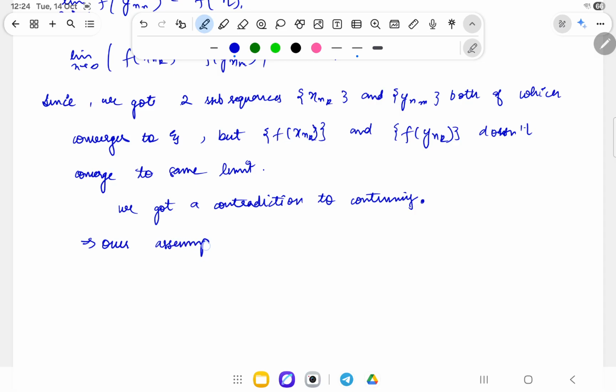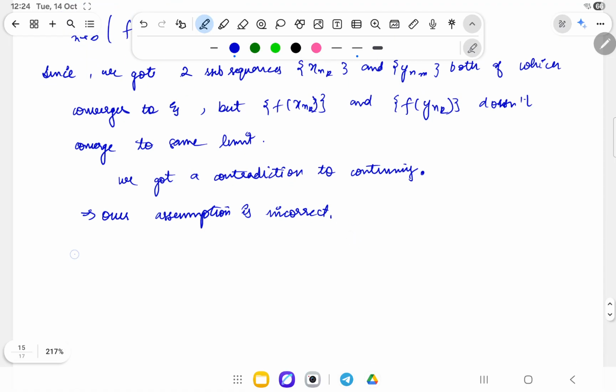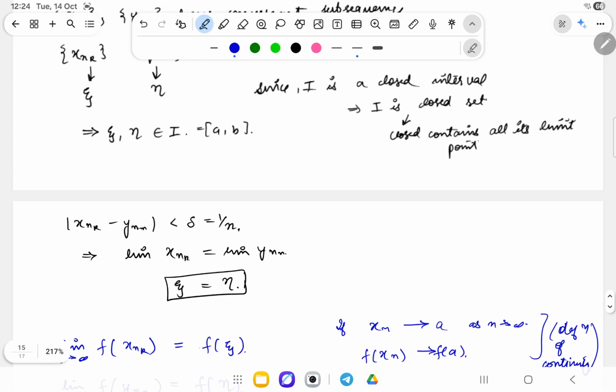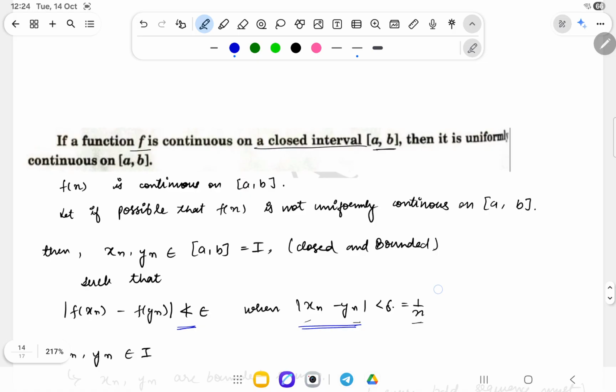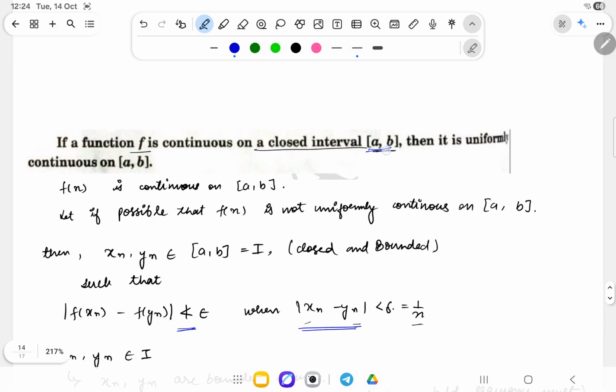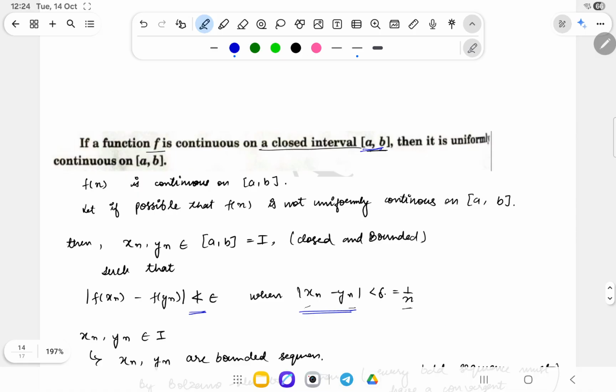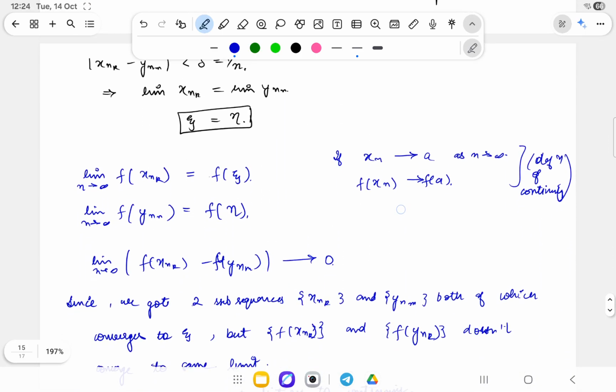So if our assumption is incorrect, that proves that our function f(x) is uniformly continuous. So from here we have proved that if we have a continuous function on a closed and bounded interval, then it is also uniformly continuous on that closed and bounded interval. So that basically completes our discussion on uniform continuity.